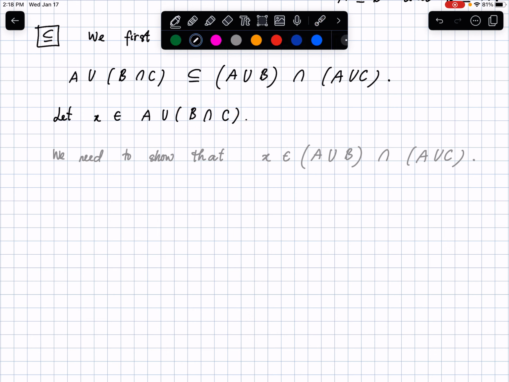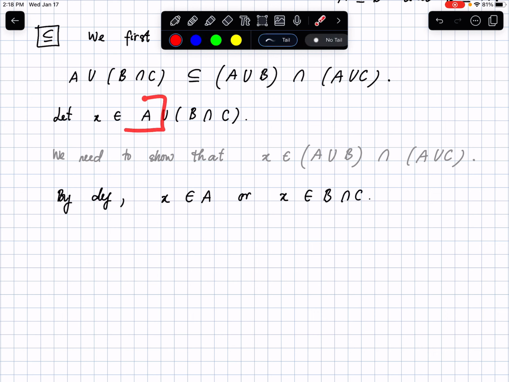By definition of the union, x must be in A or x in B intersect C. So x in A or x in the other set. So let's do two cases. We consider case by case.